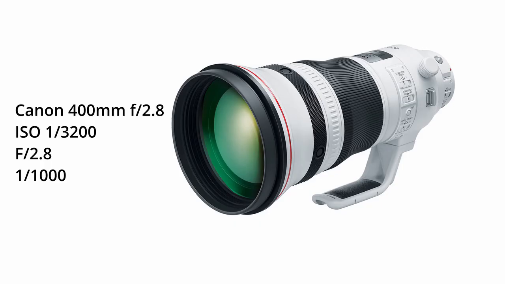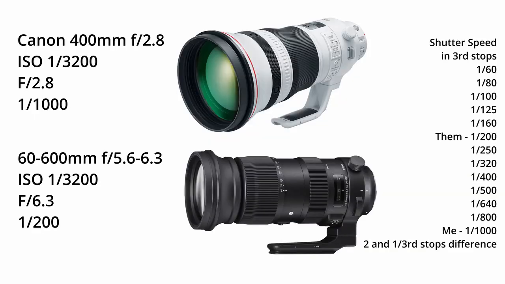Now let's take a practical example. If I'm shooting with my 400mm f2.8 at ISO 3200 and I'm getting a shutter speed of 1/1000th of a second, a person in the same sighting as me with a 6.3 maximum aperture lens will only be getting 1/200th of a second with the same ISO settings.